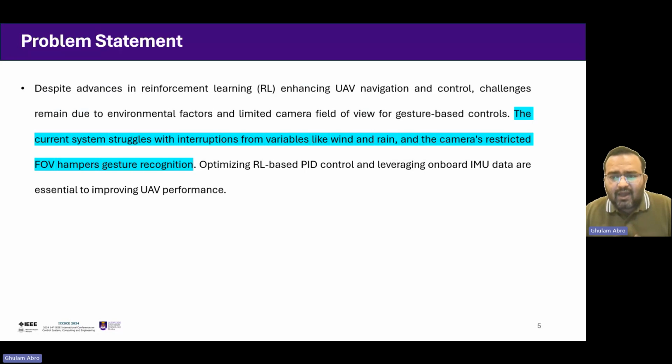Environmental conditions and the camera's restricted field of view hamper gesture recognition, making it impossible for our drone to be controlled. So over here, we are mixing reinforcement learning with classical control algorithms so that the results are maximized.